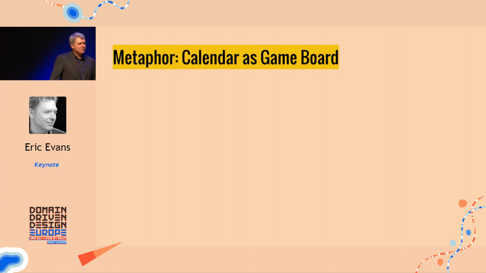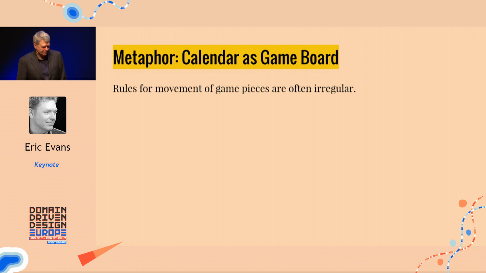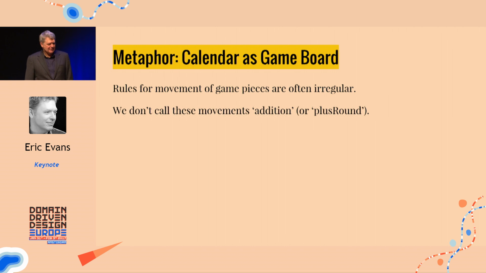So, it makes me start thinking, well, okay, another metaphor: a calendar is like a board game. So, we have rules to move game pieces around that are less regular than just, you could make a game even simpler than Candyland, I guess, that had associativity, but I think even 4-year-olds might get bored with that game.